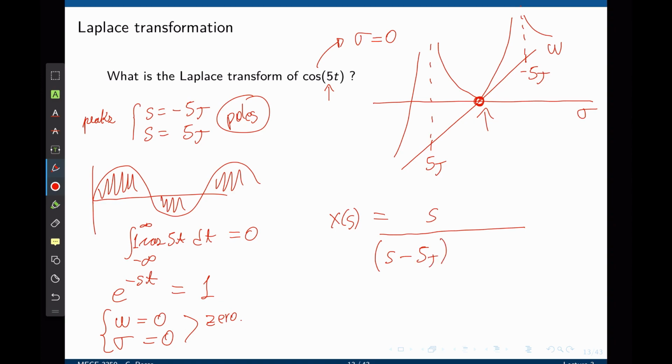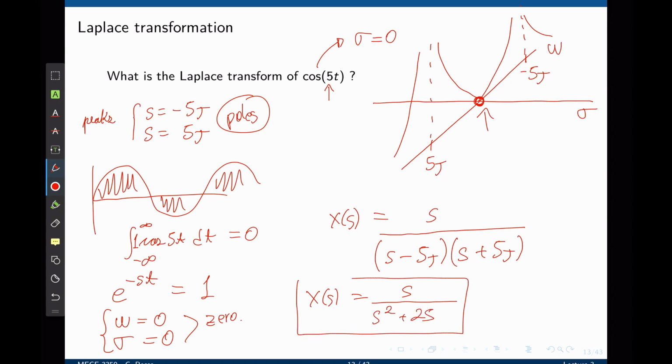The function also needs to go to infinity when s approaches negative 5j. So divide it also by s plus 5j. If we now multiply the denominator, we see that the function is s over s squared plus 25. And this is the Laplace transform of cosine of 5t.